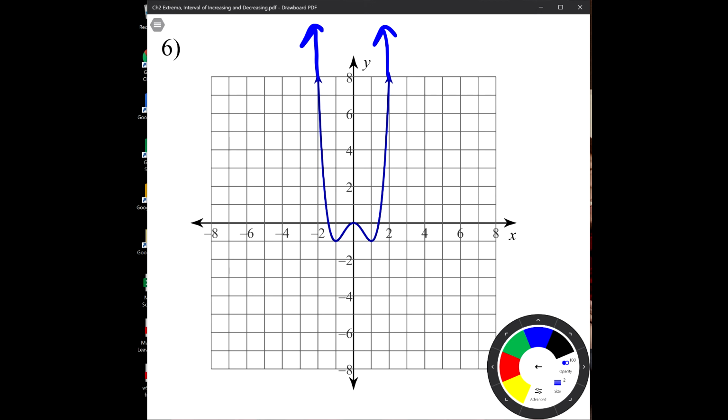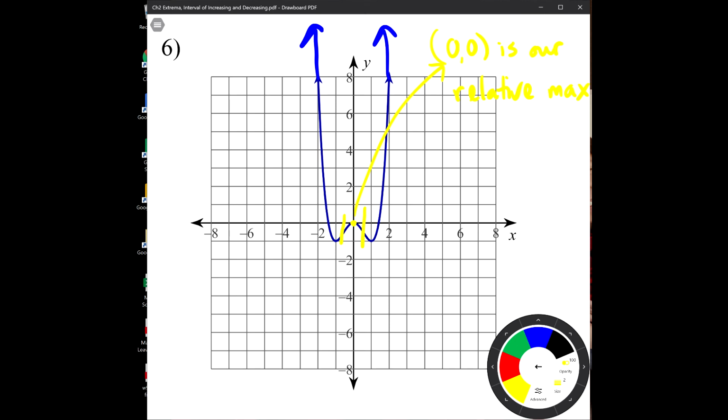So therefore, in this case, we don't have global max, or absolute max. However, within this interval right here, we have a maximum point which is 0, 0. So this 0, 0 is our relative max. Or we can call it local max.